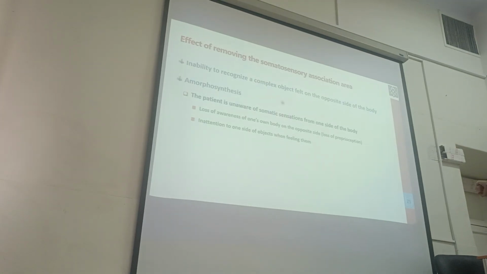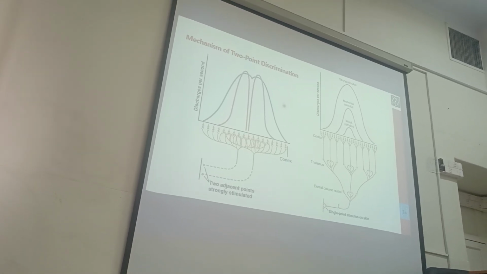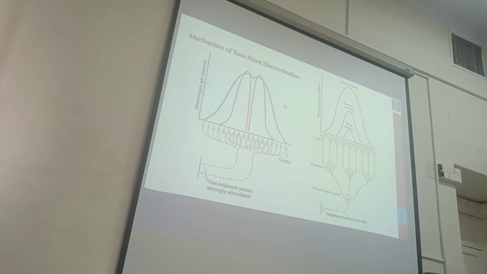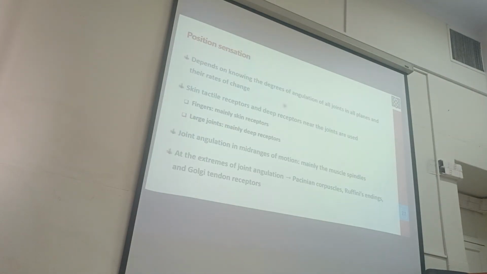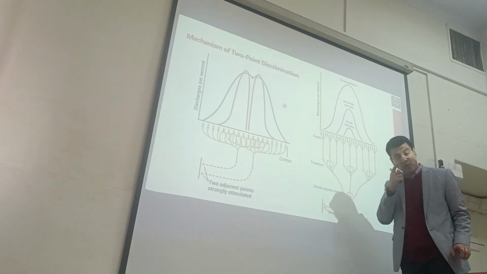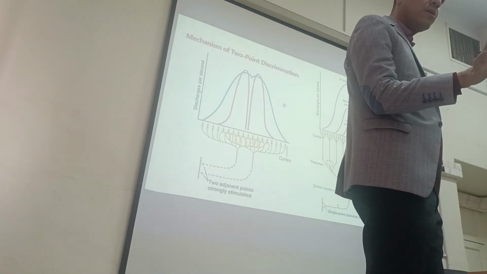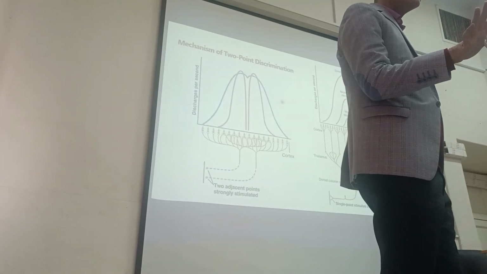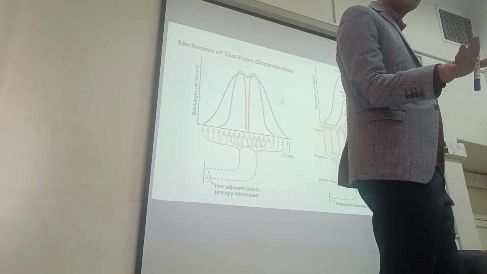How much time is left? Yeah, 20 minutes. Okay, now let me talk about, let's ignore this. Okay? So let's ignore these parts. Do you have practical physiology also? Yes? Did you have 2-point discrimination?